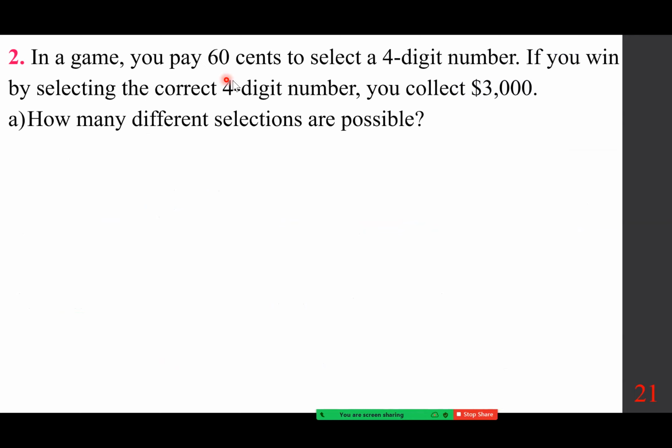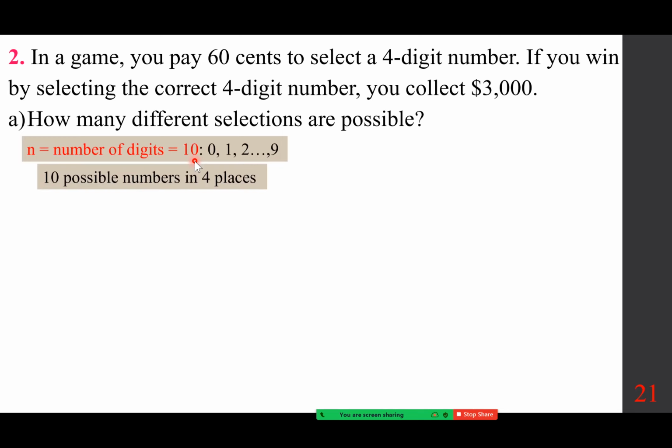In a game, you pay 60 cents to select a 4-digit number. If you win by selecting the correct 4-digit number, you collect $3,000. How many different selections are possible? Well, numbers go from 0 to 9, therefore there are 10 digits, 10 possible numbers in 4 different places.